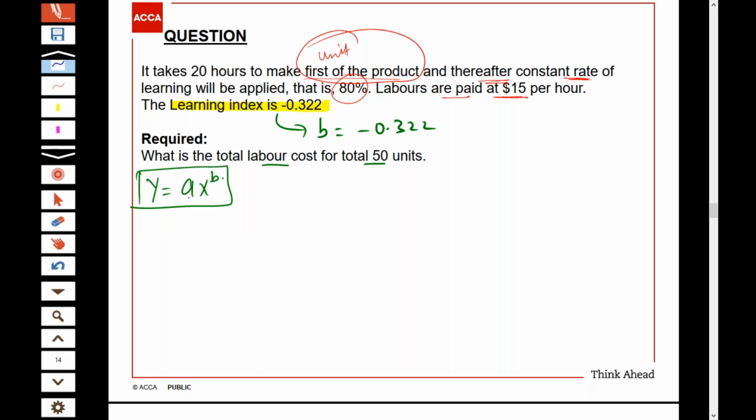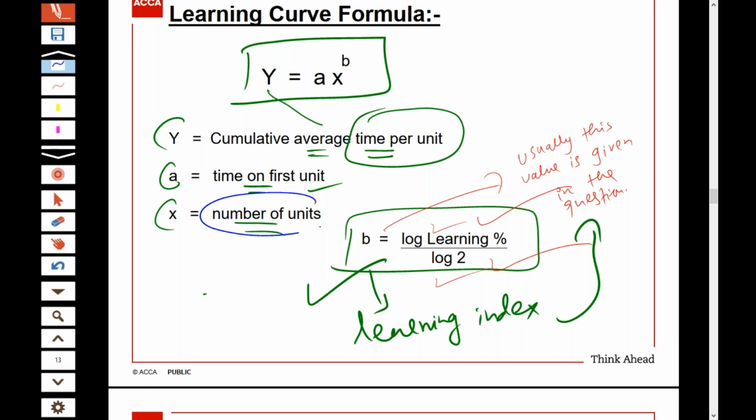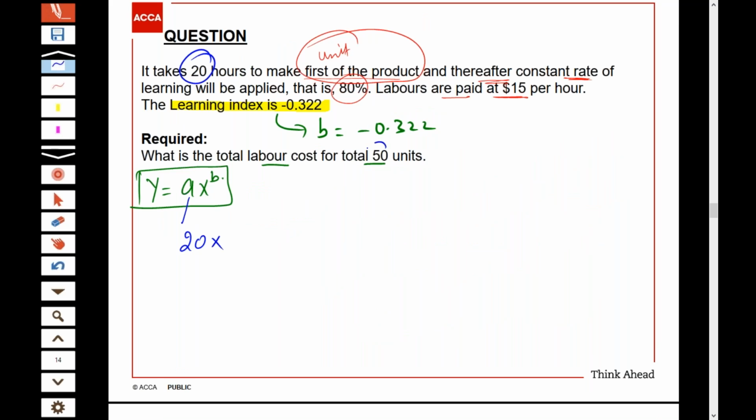The a is the time on the first unit, that is 20 hours. Multiply by x, the number of units. The requirement is 50 units, so multiply by 50. The value of b is minus 0.322.